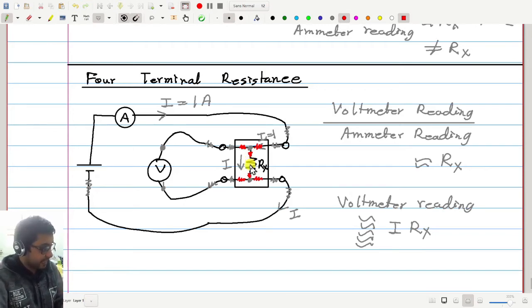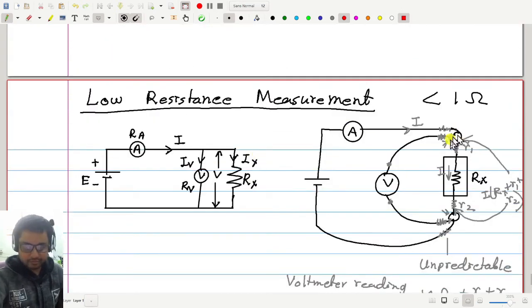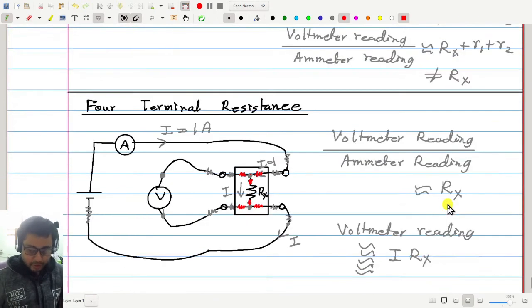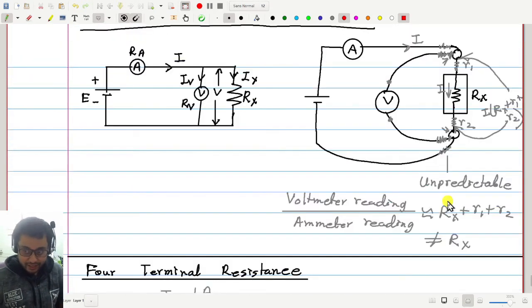That is fixed, that is not going to change, because this soldering is not going to be altered. That is the point. Yes, sir, okay. But here this connection is going to be altered. So that's what I was saying. Any extra thing in measurement is not a problem as long as that is predictable and fixed. But here that is unpredictable.